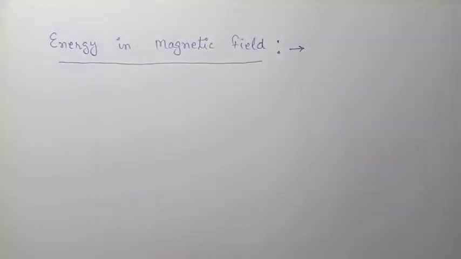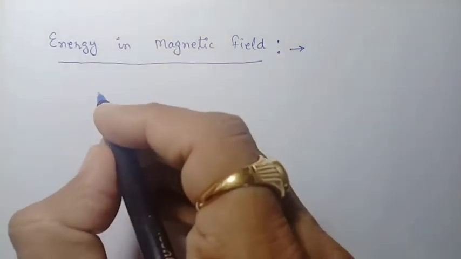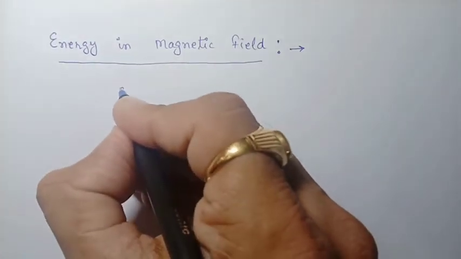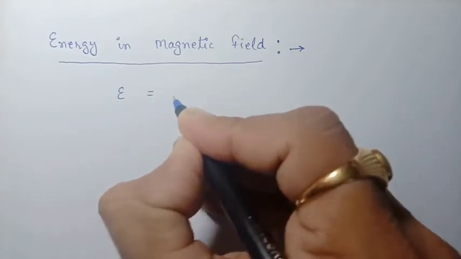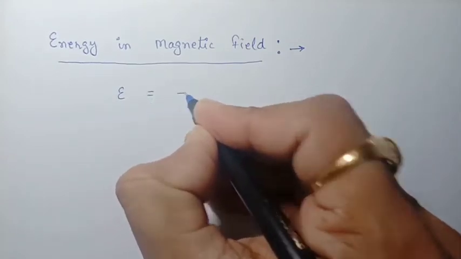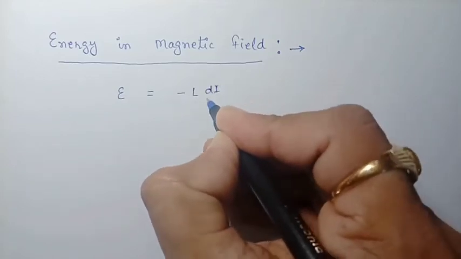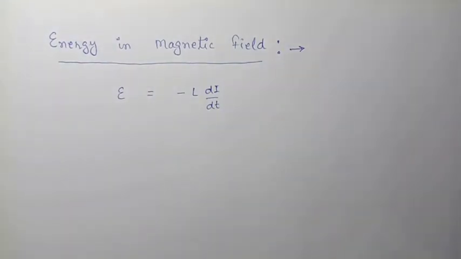Hello everyone. In this lecture we will discuss energy in the magnetic field. Here we know that the induced EMF is equal to minus L di over dt.